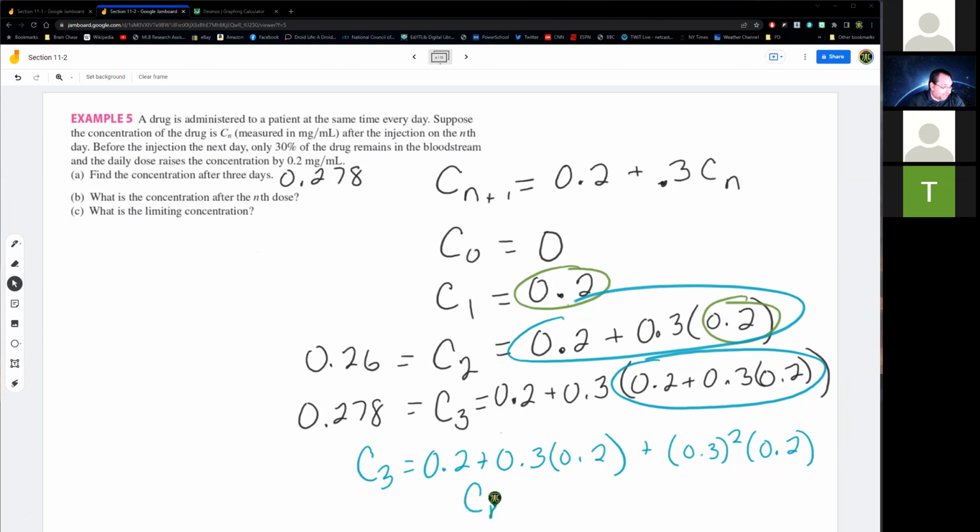So Cn ends up being the 0.2, 0.3 to the n minus 1. So we're going to continue going until that is at the end.